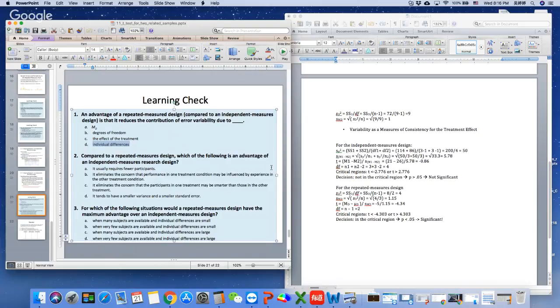The second question, we are asking about the disadvantage of the repeated measure design compared to the independent measure design.